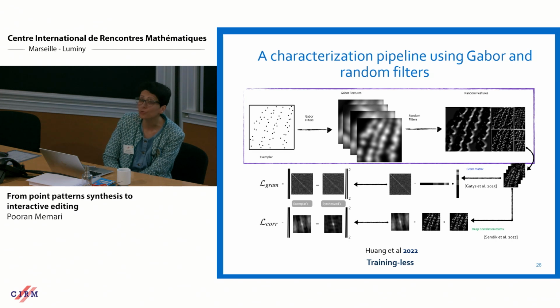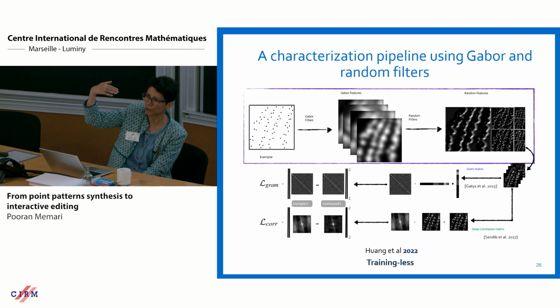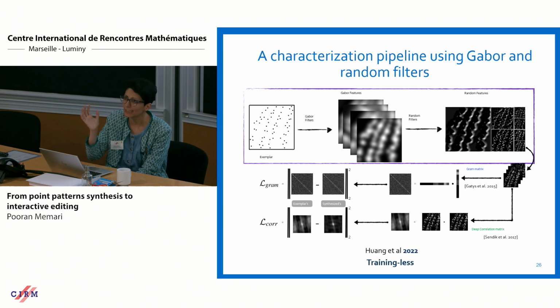That was through Gabor filters. So we have really random filters, and we are trying to find any existing anisotropy in the corresponding point pattern.